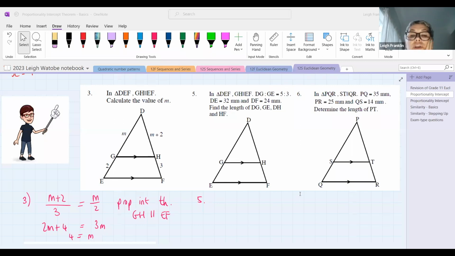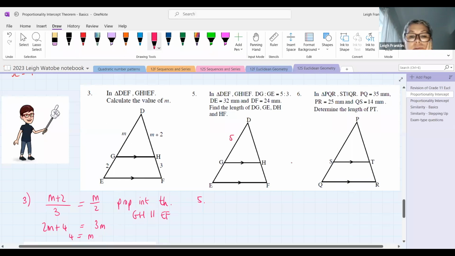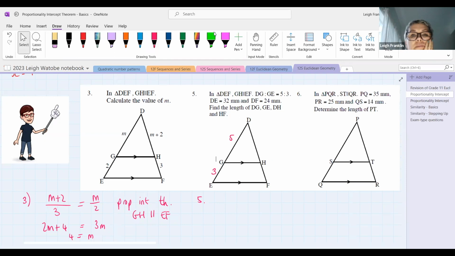Amina, would DG be equal to 20, you said? So yes, 20 is the correct answer, quite right. DG would be equal to 20. You guys are correct.